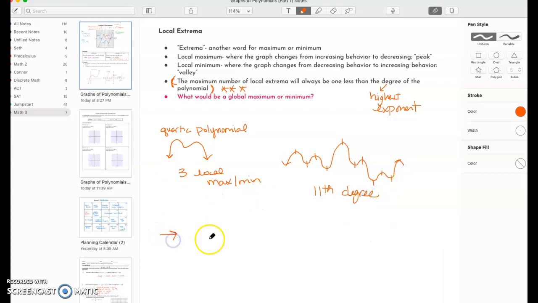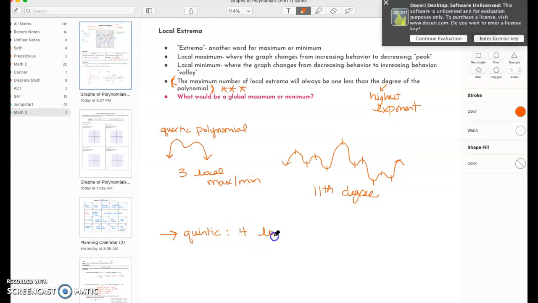They could also ask the question, if we had a quintic polynomial, how many local max or min should we expect to see? And we're working backwards, so you do want to be careful because we can get a little confused about where we're adding and subtracting. But if it's a quintic polynomial, that means that we should see 4 local max or min, or extrema.